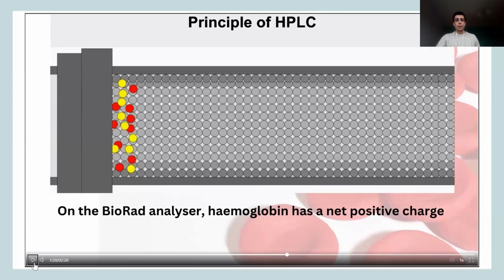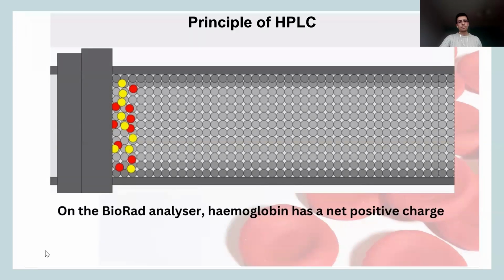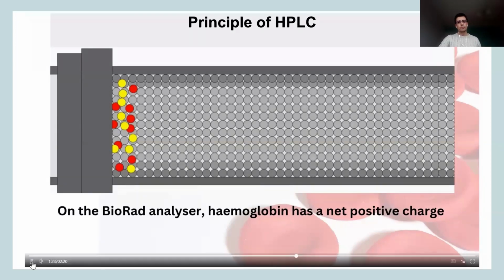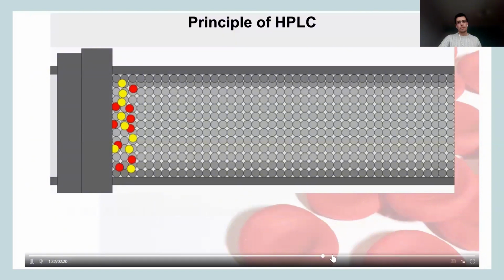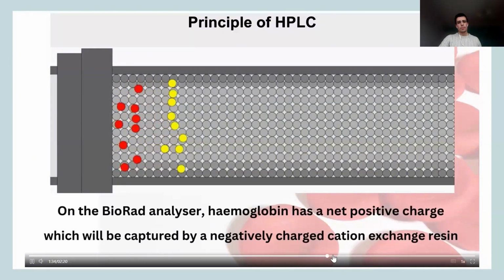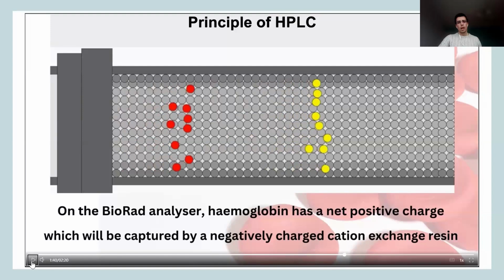So as I said, on the Bio-Rad analyzer, the hemoglobin, when in contact with the mobile phase, acquires a net positive charge. And the stationary phase, quite conveniently, is negatively charged.